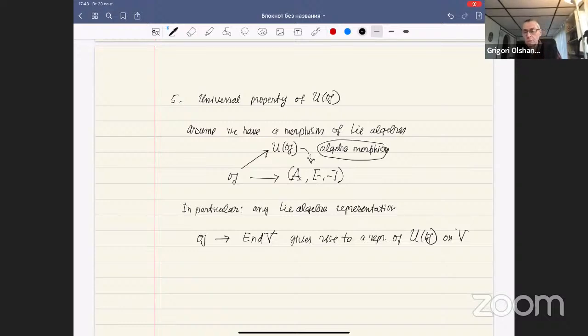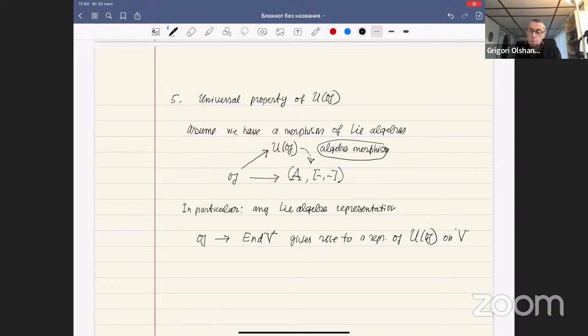It is richer than the Lie algebra, and its role can be compared with the role of a group algebra in group representation theory. If you want to study representations of groups, it's very useful to use group algebras. So the role of the universal enveloping algebra is quite similar to the role of a group algebra in group representation theory.